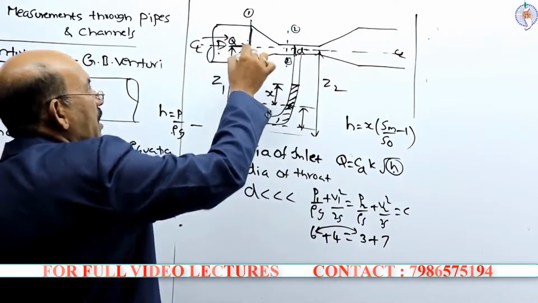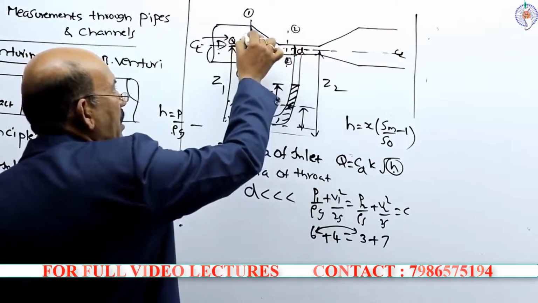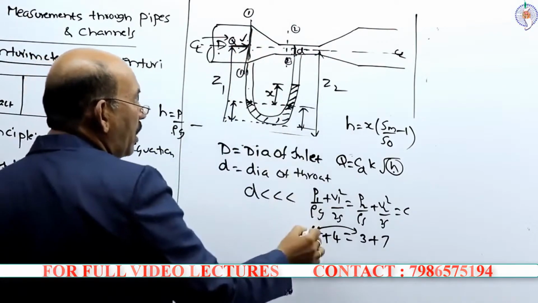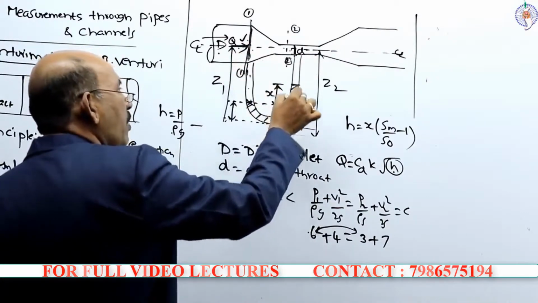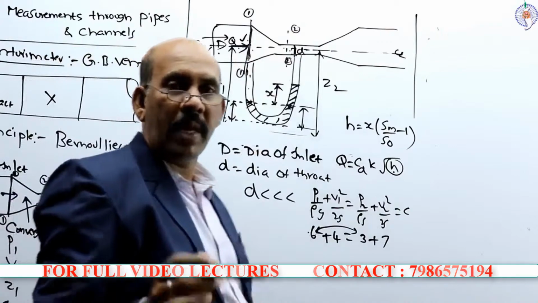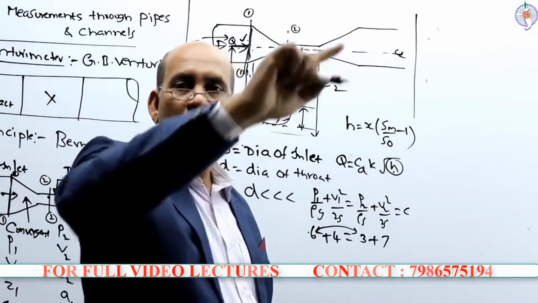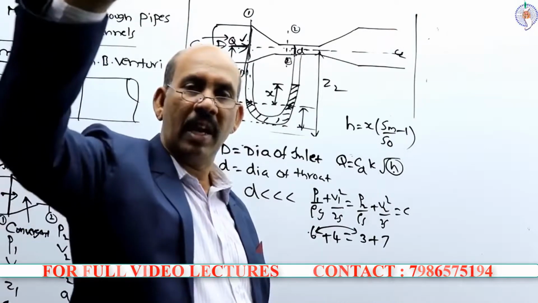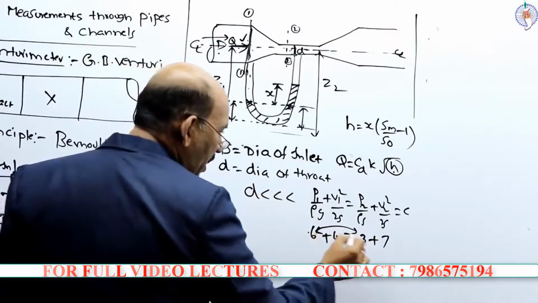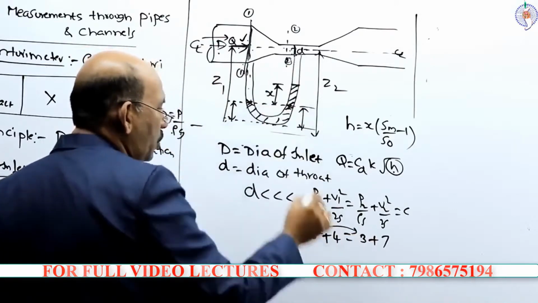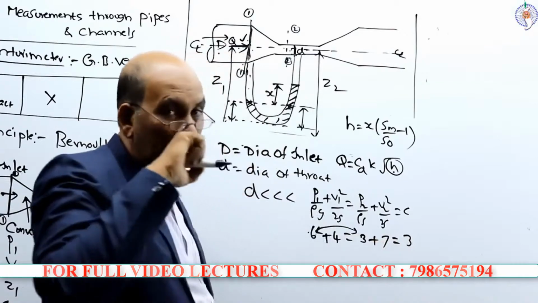Because the pressure at section 1 is more than the pressure at section 2, naturally this fluid will flow. At section 1 the pressure is more compared to section 2, therefore the manometric liquid rises in the right limb. So P1 is more than P2. The difference of 6 minus 3 is equal to 3.